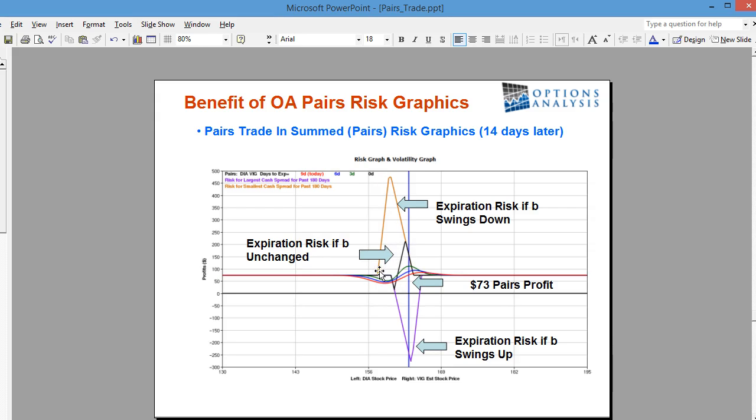Note that if that happens in this particular trade, we swing more into the profit zone and we cannot lose anymore. If on the other hand, the cash spread formula swings in the other direction, goes back to the purple curve from which it started, the expiration curve of the summed risk graphics will move down into this purple line you see here, and we will have a loss zone, although the far extreme upper and lower profit zones don't change.